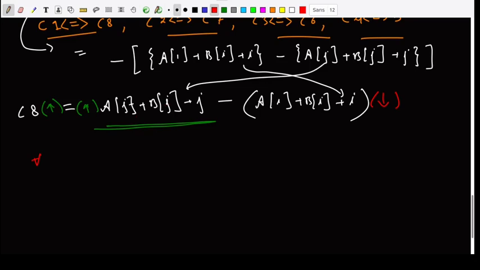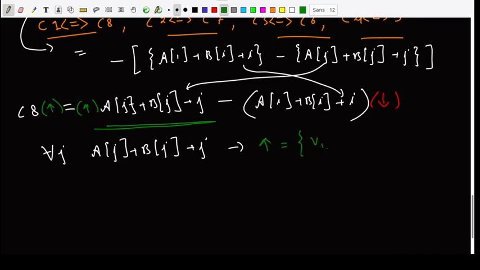Okay, let me use a different ink here. So for all J, we will evaluate AJ plus BJ plus J, right? So let us say this is represented, let me use this, right, maximized one. This is one set and there will be various values to it, v1, v2, v3, v4 and so on, right?